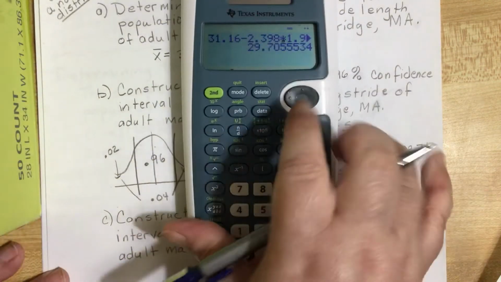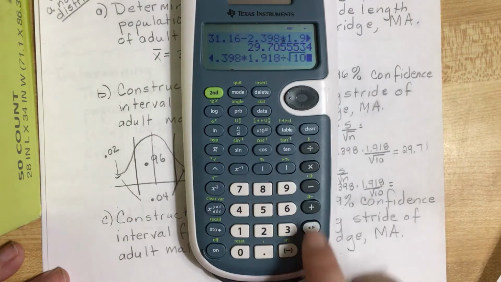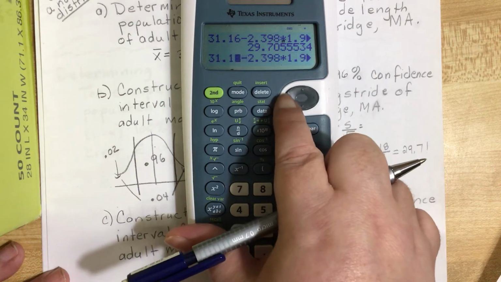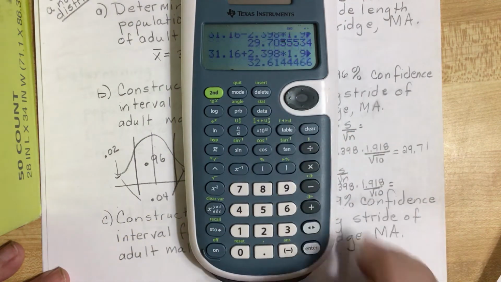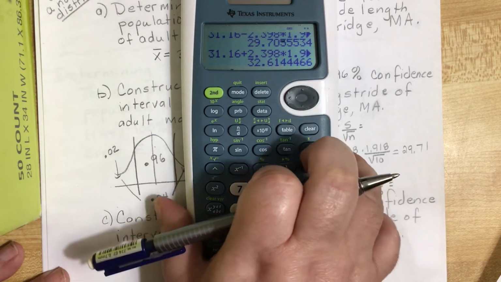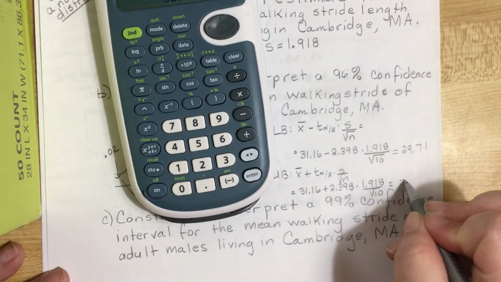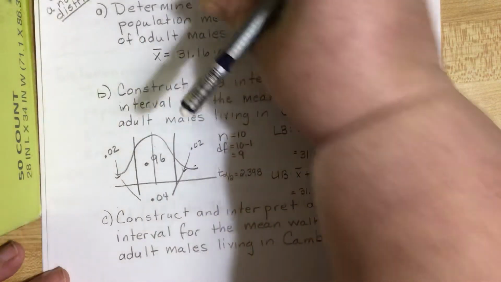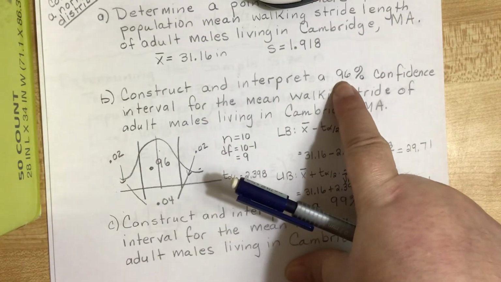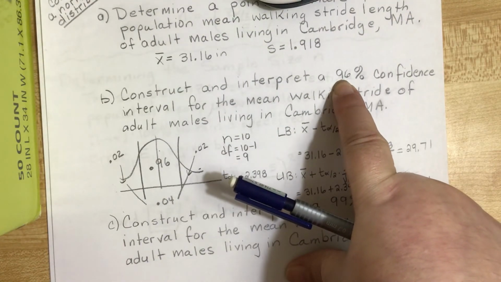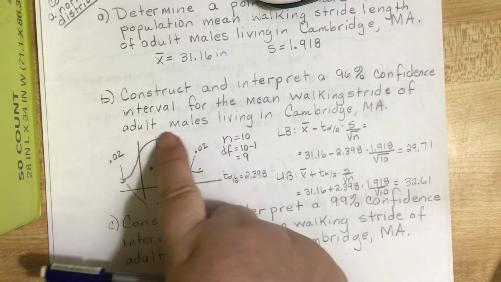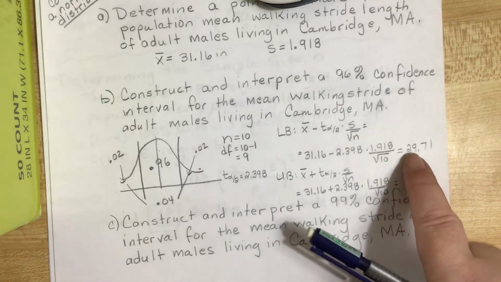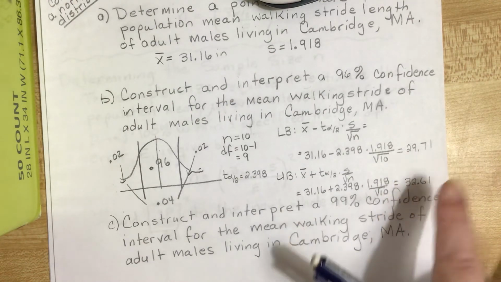If I take that expression from above and change it to a plus sign, we get 32.61. So we are 96% confident that the mean walking stride of adult males living in Cambridge, Massachusetts is between 29.71 inches and 32.61 inches.